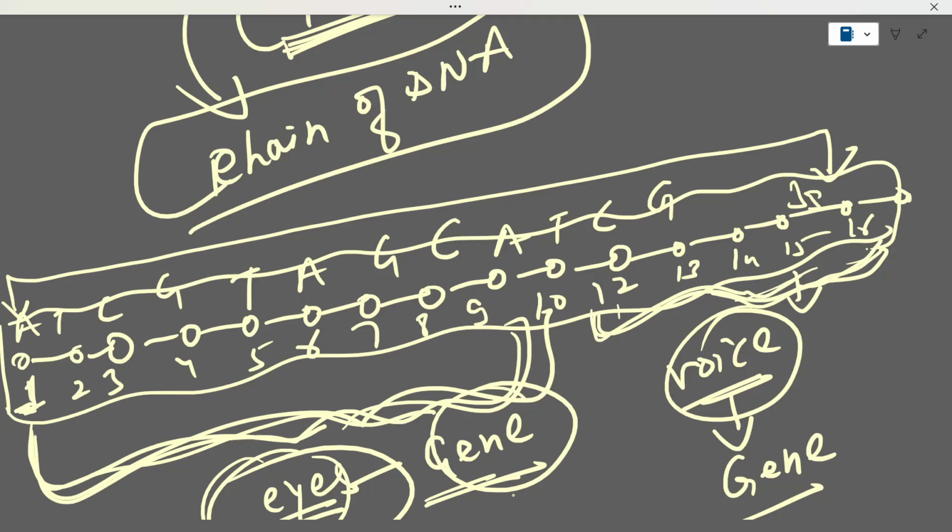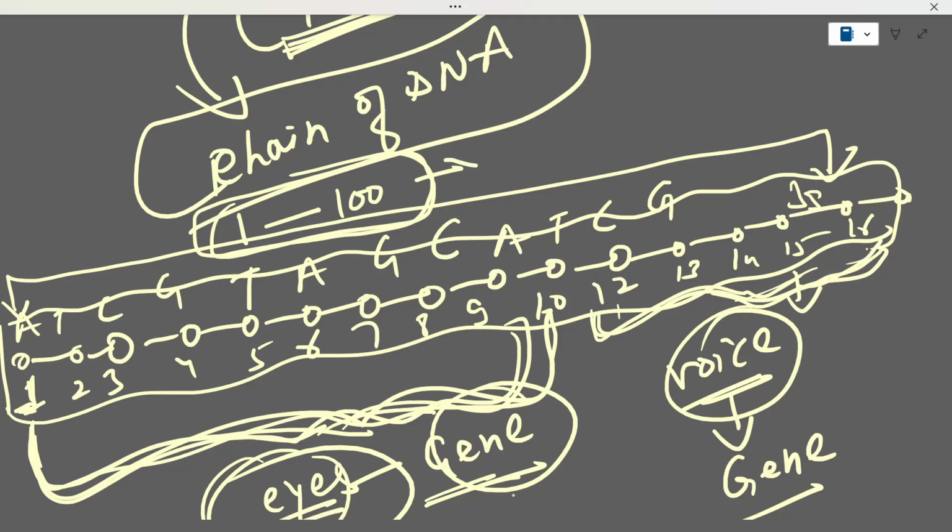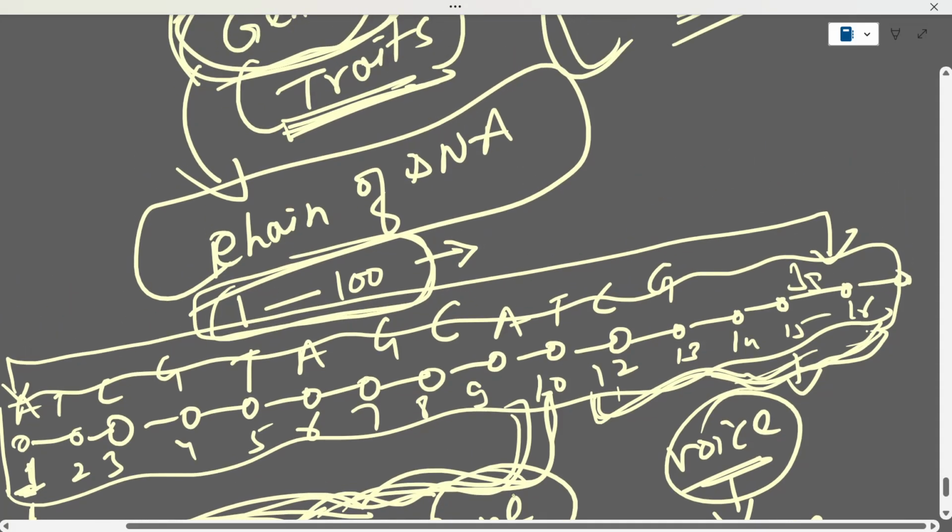It means something only when a particular strand, whichever its number is, it may be from the first strand to 100, this section of the DNA chain is characterizing a particular trait such as teeth.